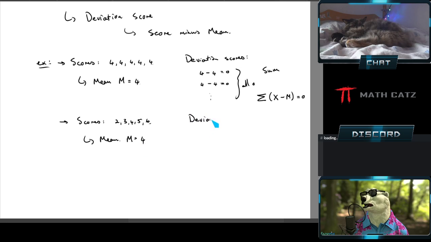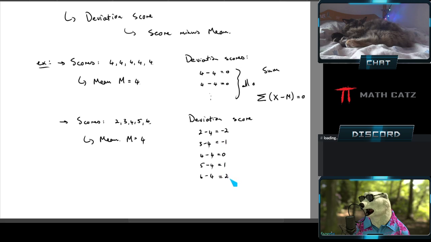So when we want to reference variability, these shouldn't be the same. But if I do the deviation scores, 2 minus the mean, 3 minus the mean, 4 the actual scores, next score was 5, next score was 6. I'm just picking some easy scores so I can do it by hand, right? I get a deviation of -2, -1. I do get a deviation of 0 there, 1 and 2.